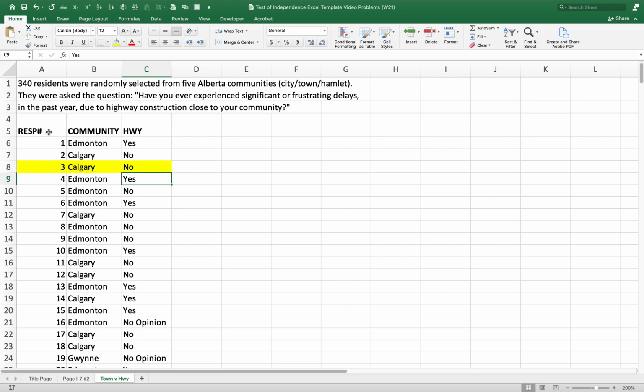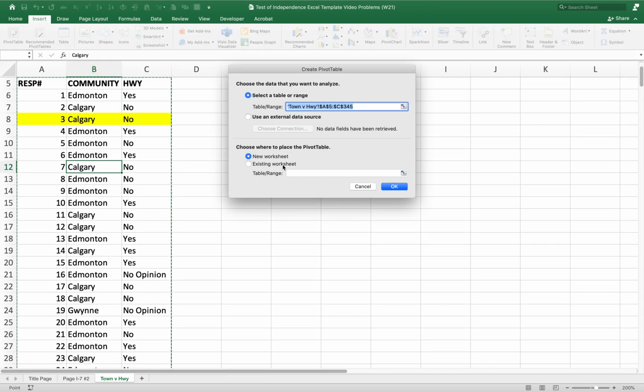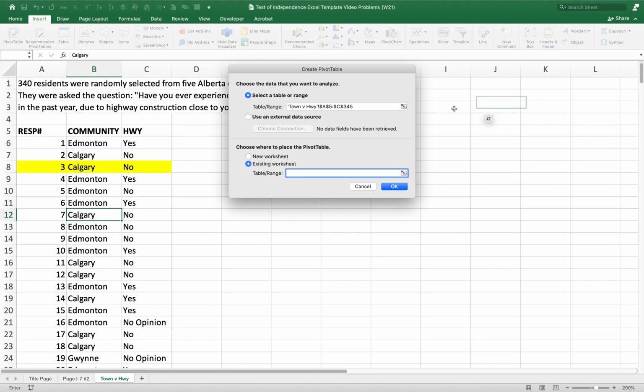So I'm going to click anywhere in here, and I'm going to go to Insert a Pivot Table, and let's put this in the existing worksheet again. Keep this on the same one. So we'll put it right in here somewhere.